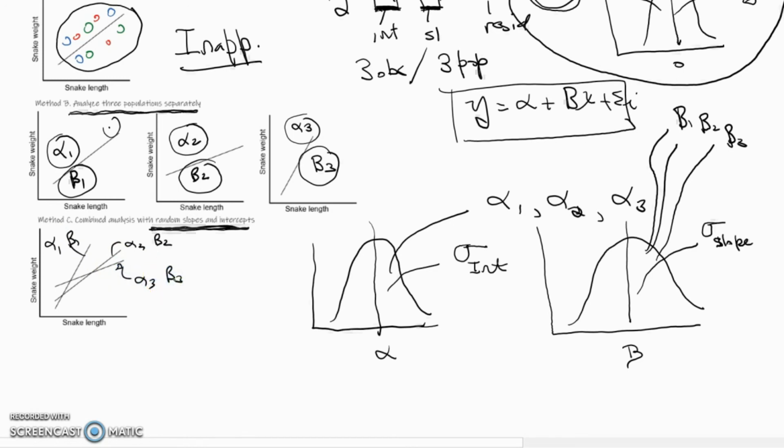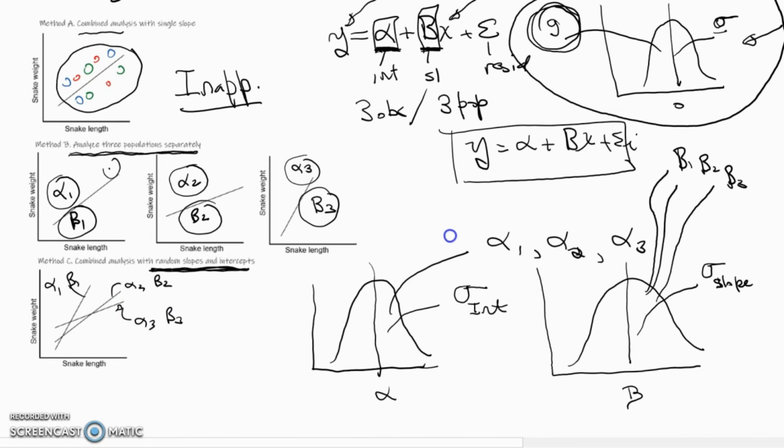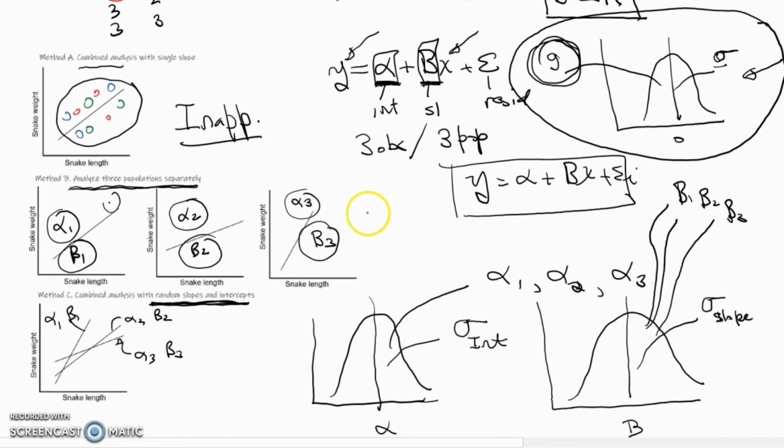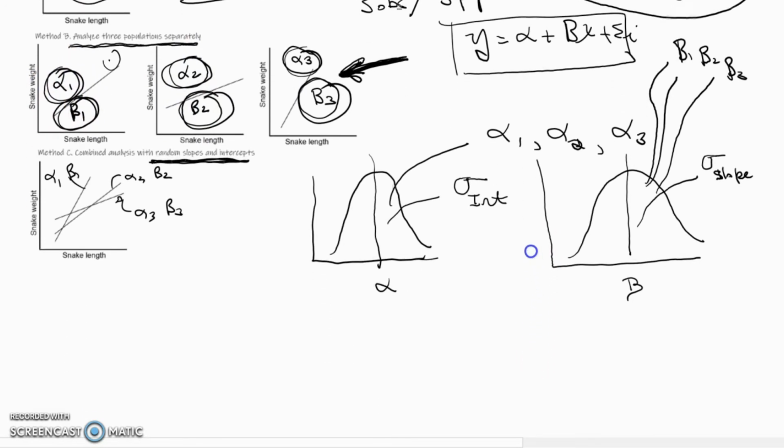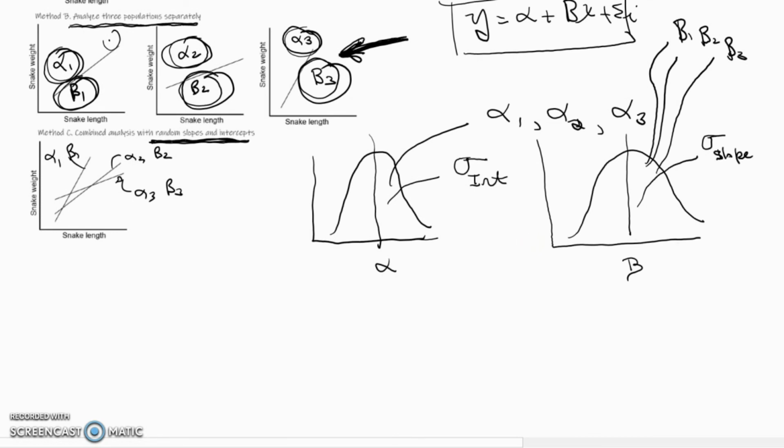What's really important, however, is that in this case, I specified alpha 3, beta 3, alpha 2, beta 2, alpha 1, beta 1. I specified those. Whereas in this case, I didn't specify particular values of alpha and beta.